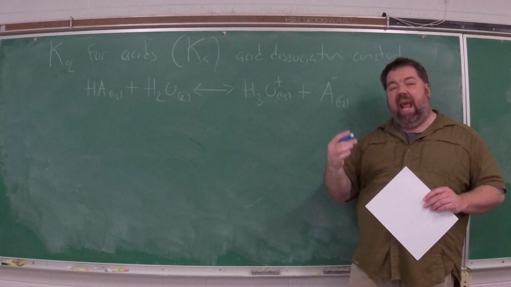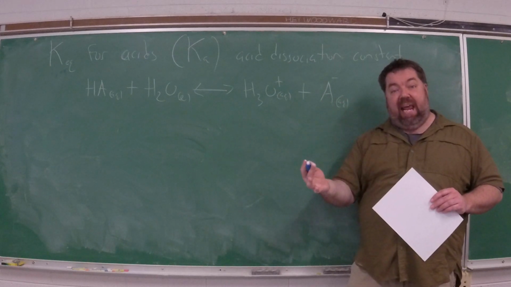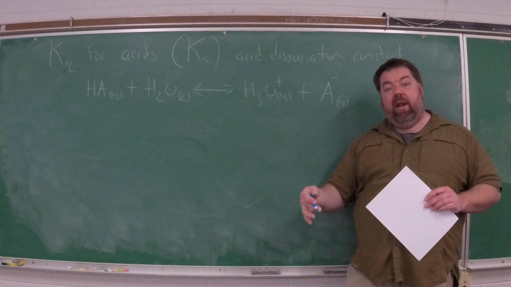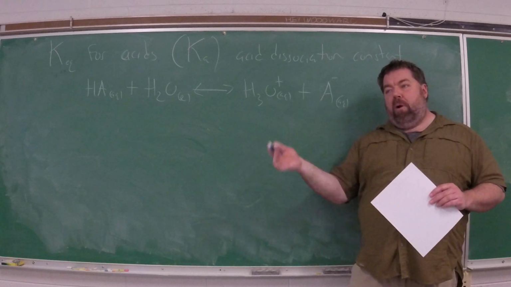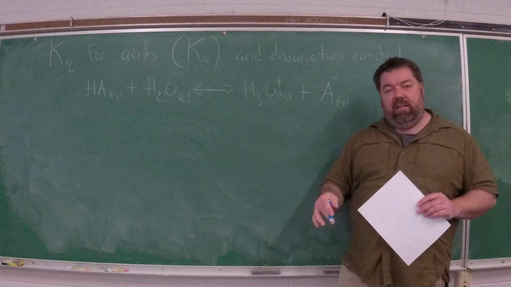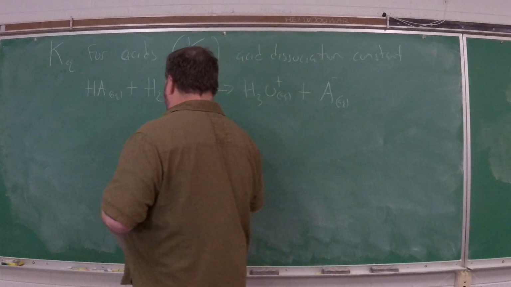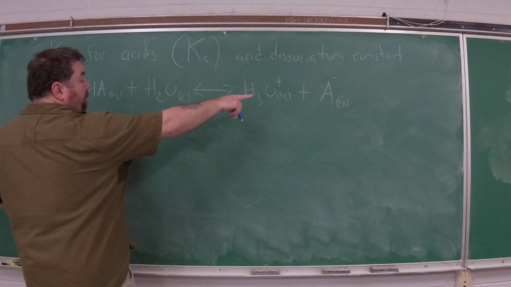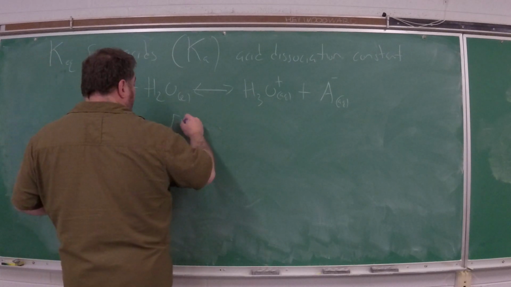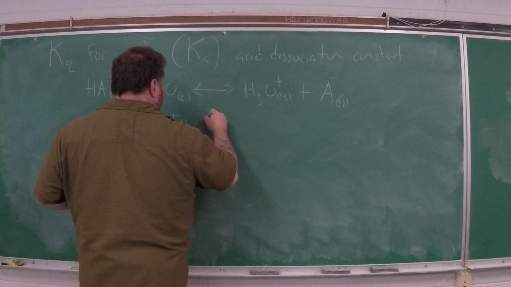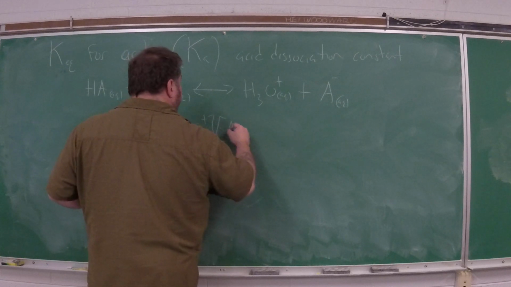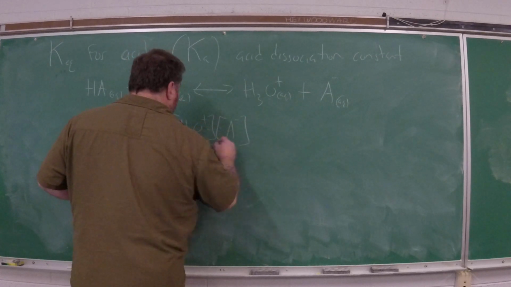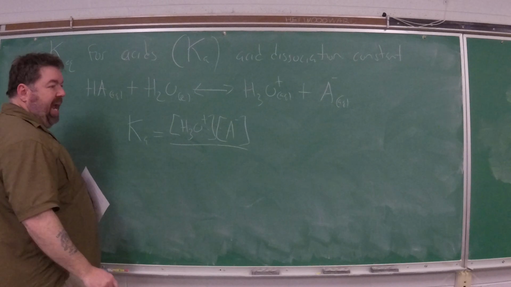So we can write K equilibrium for this. Again, it's called Ka for an acid. How did we write that? Products over reactants raised to their stoichiometric coefficients. So we're going to have Ka, products concentration, we're talking about the molarity, divided by the concentration of the reactants.